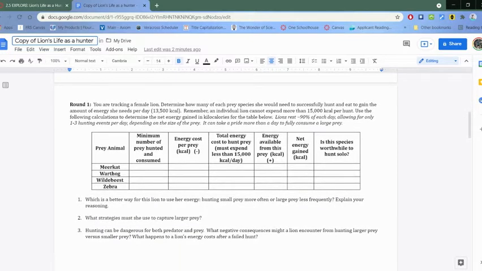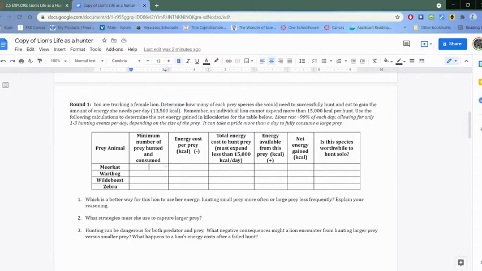The first thing you're going to do in round 1 is just determine how many of each prey species a female lion would need to hunt and kill, or actually to consume, in order to meet her daily calorie requirements, which is 13,500 kilocalories. So I'm going to think, okay, I need to get 13,500 kilocalories from meerkats alone.